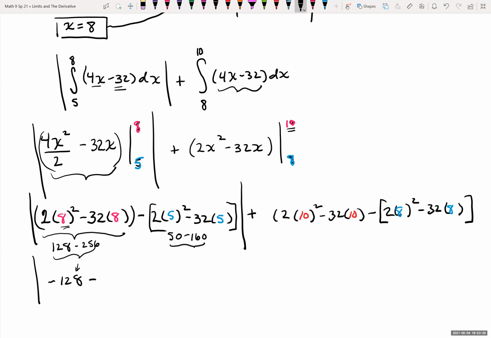This here is going to be negative 110, but I have a minus in front, so this is actually plus 110. Absolute value, plus this information here. So 10 squared is 100 times 2 is 200, trying to hurry now, minus 320. So here, this is negative 120.